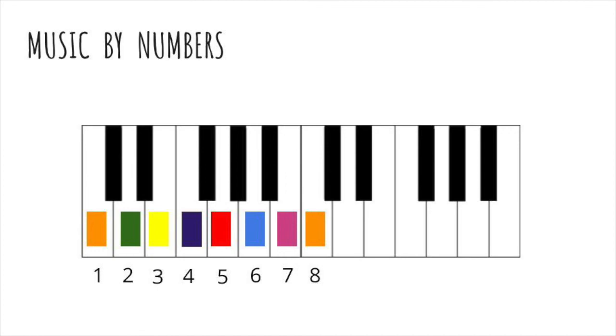The final concept that I want to touch on really briefly is this idea of relative majors and minors. So some of you might have come across this concept before, but don't worry if you haven't. We're just going to have a brief look at it. And we're going to come back to this A minor scale that we've just spent some time with.